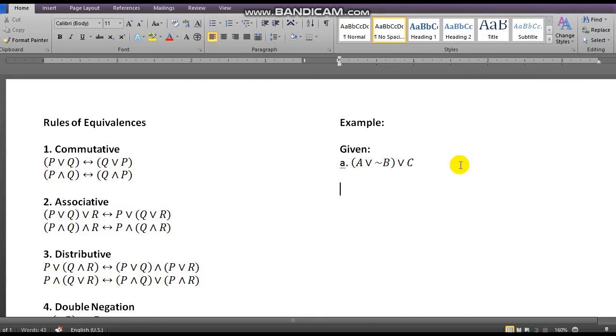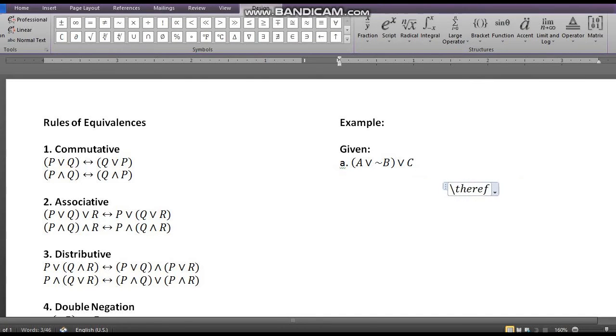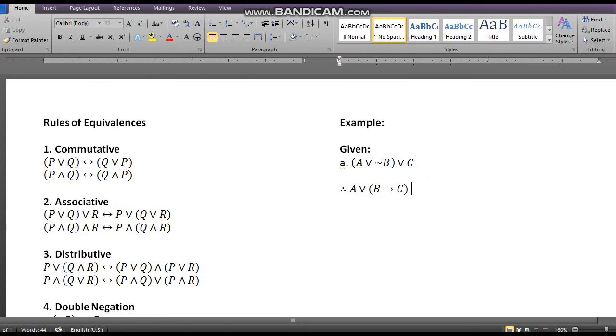We would like to prove that A or B implies C. This is what we want to prove.